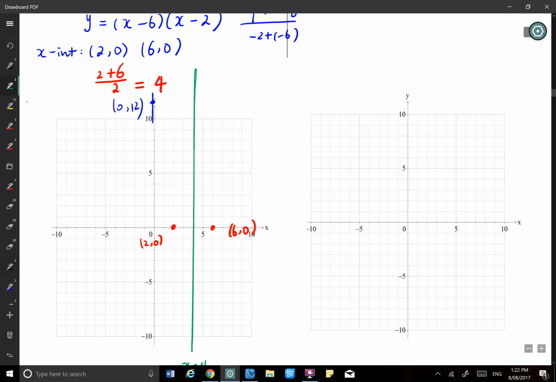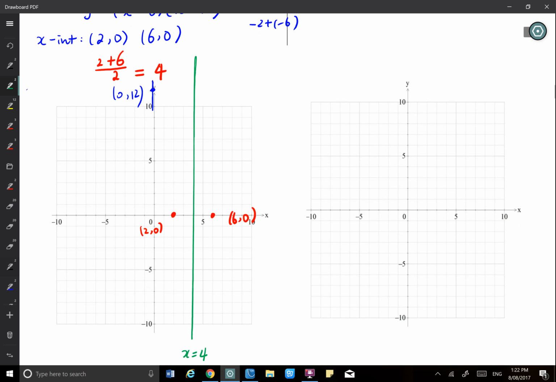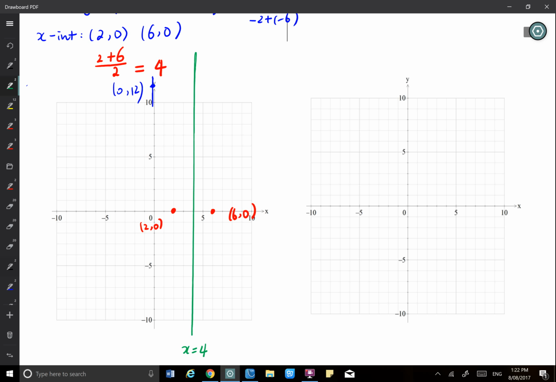Where do you think the turning point will exist on this graph? Not exact. You substitute in the x value to find out. Which x value? 2 plus 6 over 2, which is 4, is the x value of the turning point. So you find the y value by substituting the x value of the turning point into the factorized equation.